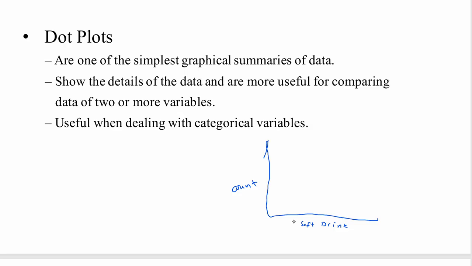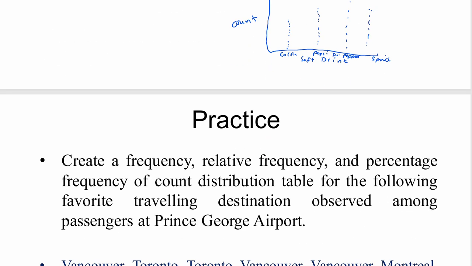For each of the soft drink categories, like Coca-Cola or Pepsi or Dr. Pepper, or the last one, which is Sprite. We can use a dot chart as that, and I think there is an example where I have something of that type. So you could have something like that, and that's how you make a dot plot.